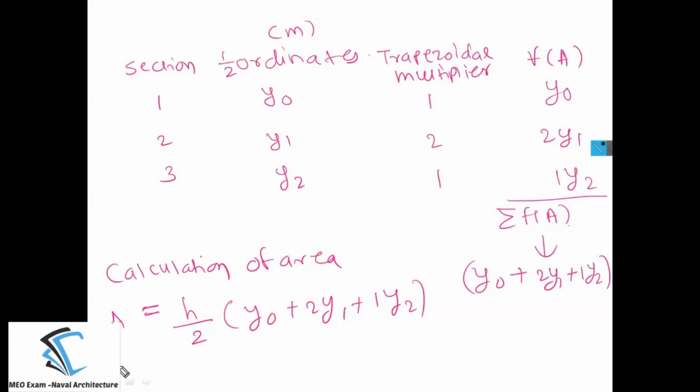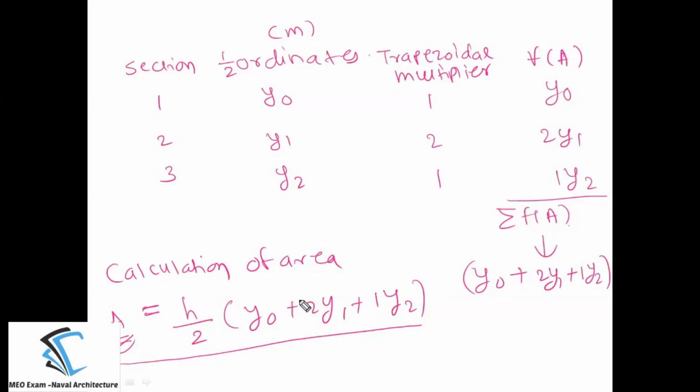So this is the actual formula for calculating the area as well as the volume by using the trapezoidal rule. Here in front of you we have taken only three ordinates, so using the formula it is very easy. But if you have 10 or 15 or 20 ordinates, doing the calculation by writing this type of formula will be very difficult, and there might be chances that you will make some mistake.